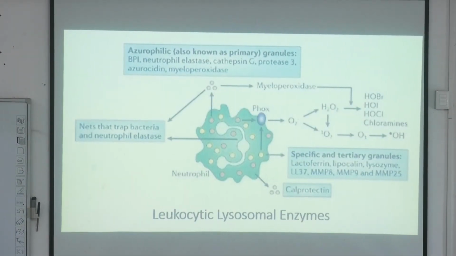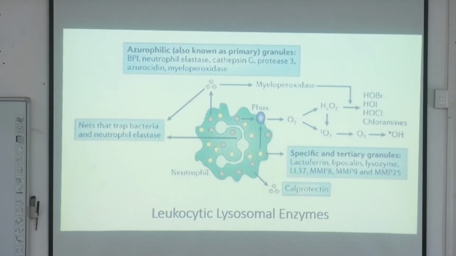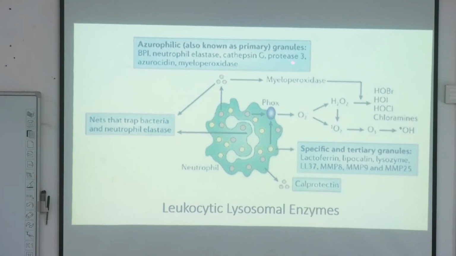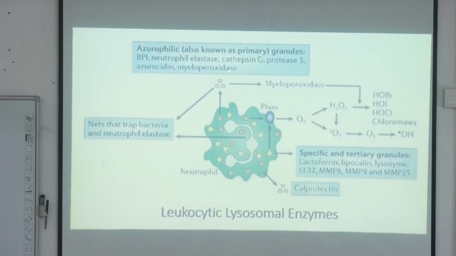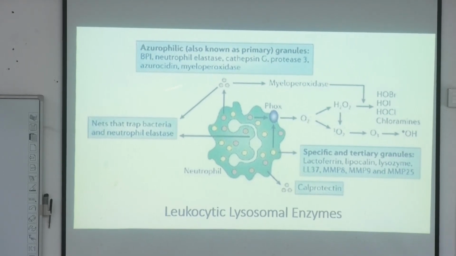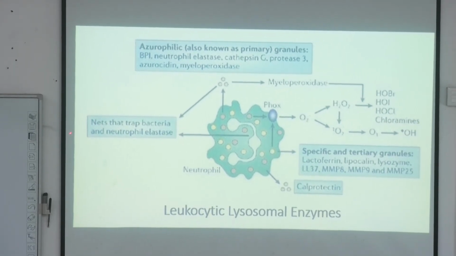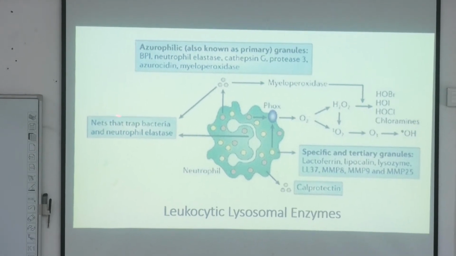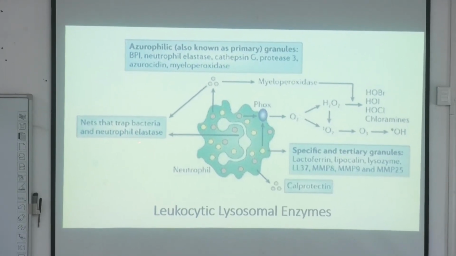So azurophilic granules, also known as primary granules, I told you: neutrophil elastase, cathepsin G, protease, azurocidin, and myeloperoxidase. These have a global bactericidal effect. Okay, and another important thing is NET or neutrophil extracellular trap, that traps bacteria, and neutrophil elastase.